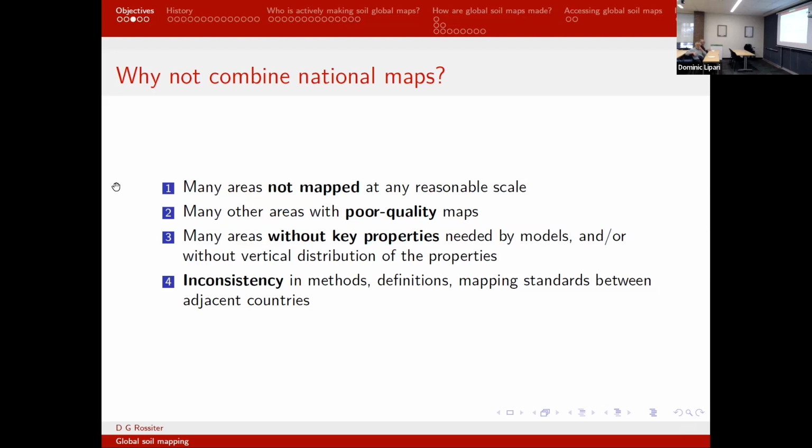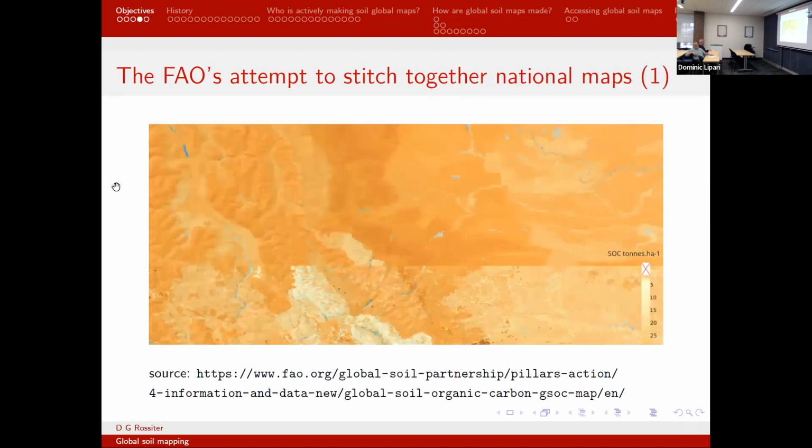Both are highly experienced mappers, but the maps look very different. If you were to use them for practical purposes, they'd probably be okay, but you can't just stitch those maps together, and they proved that with that program, with two very highly developed and competent soil survey organizations.